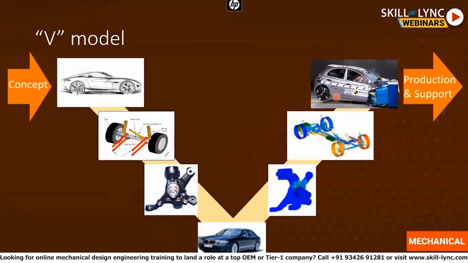You don't want to make it more complex by avoiding these steps at first. So this is the intention of using the V model. There are other models also involved in product development. To be specific, there is another model called the waterfall model, but it follows a sequential development, which is good for software development, not for the automobile.